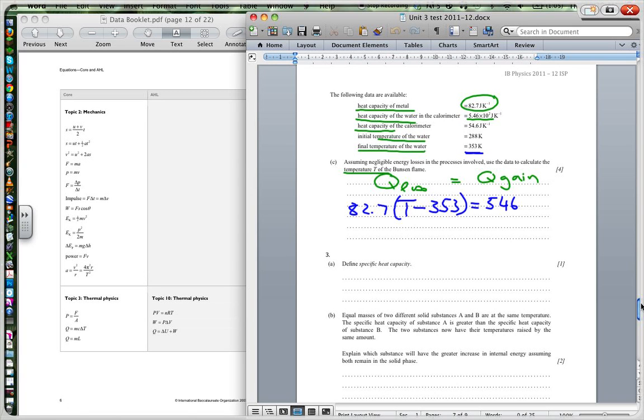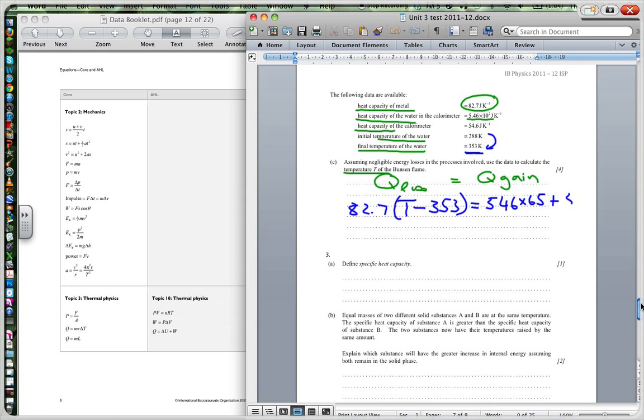And the temperature increase, it went from 288 to 353. That's going to be an increase of 65. Is that correct? 65. So we're going to times that by 65. So every degree we need to add 546 joules, and then plus for the calorimeter, that's 54.6 joules.